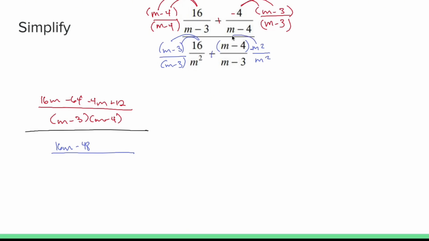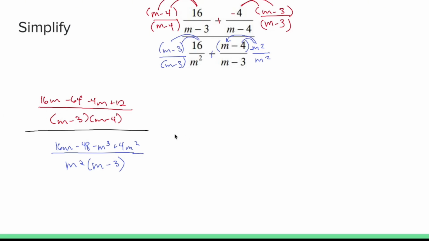Negative m squared times m is negative m cubed, and negative 4 times negative m squared is positive 4m squared. On the bottom, I have m squared times (m minus 3). Again, I'm not going to do anything quite yet because I'm still holding hope that stuff will factor and disappear. It looks like the m minus 3s have possibilities, but I don't know. That might be the only thing that goes away.